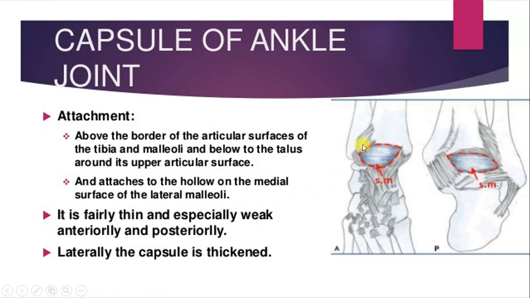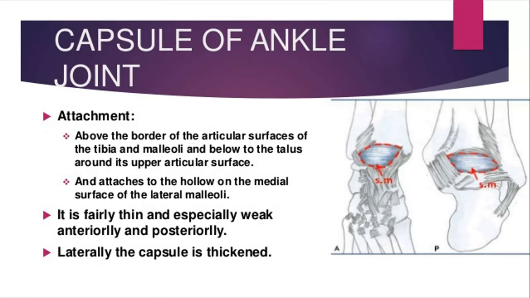It is fairly thin and especially weak anteriorly and posteriorly because of the movements occurring there. Laterally the capsule is thickened, and it will form the ligaments. So we have understood the capsular attachment.